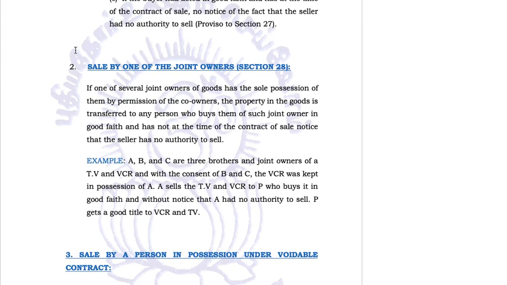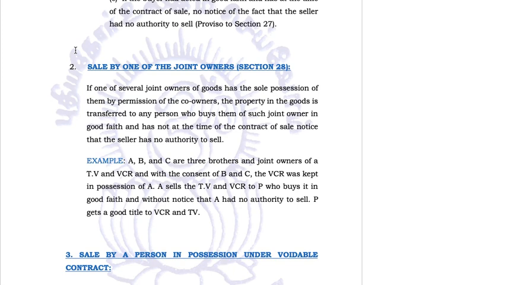Let's take an example. A, B, and C are three brothers and joint owners of a TV and VCR. With the consent of B and C, the VCR was kept in the possession of A. A sells the TV and VCR to P, who buys in good faith and without notice that A had no authority to sell.